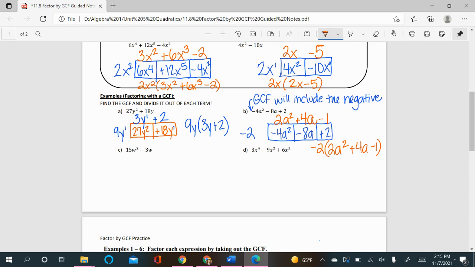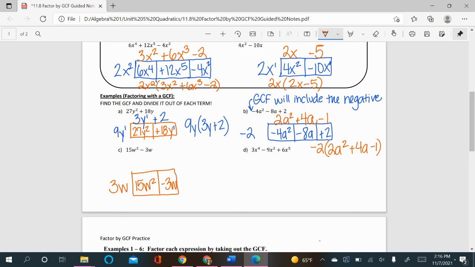All right, and then this one. So 15w squared minus 3w. So I can divide both of these by 3. And then they both have a w. This w to the first power is the lowest.